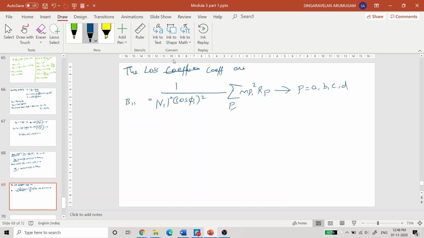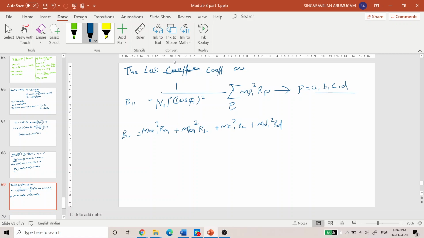This summation we need to take for all these 4 branches, and if that is the case, then B11 will be MA1 square RA plus MB1 square RB plus MC1 square RC plus MD1 square RD.